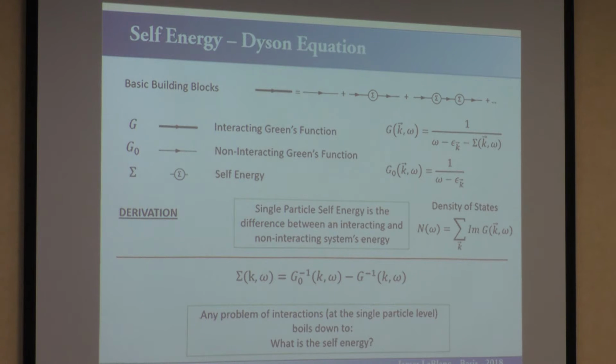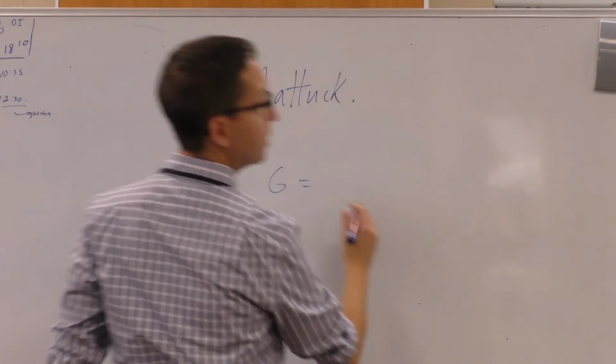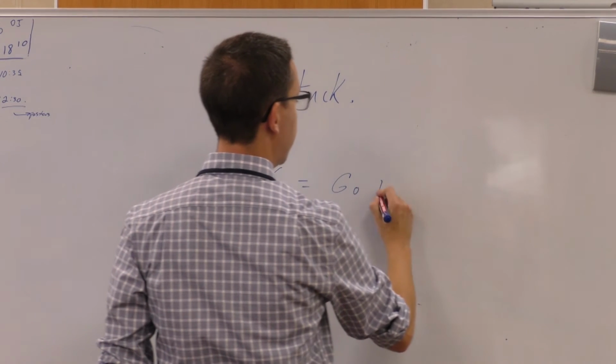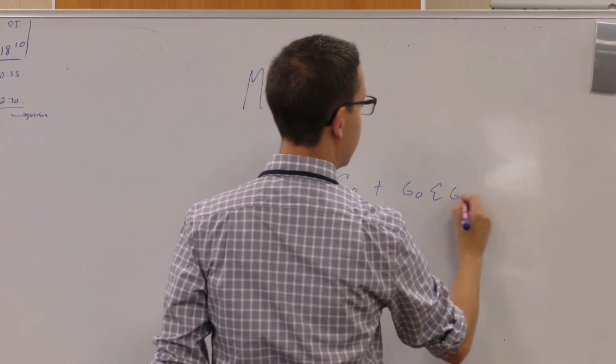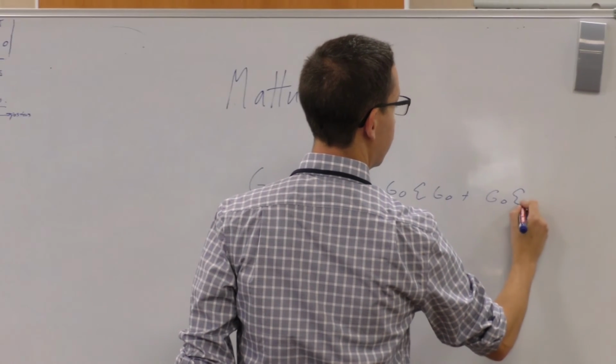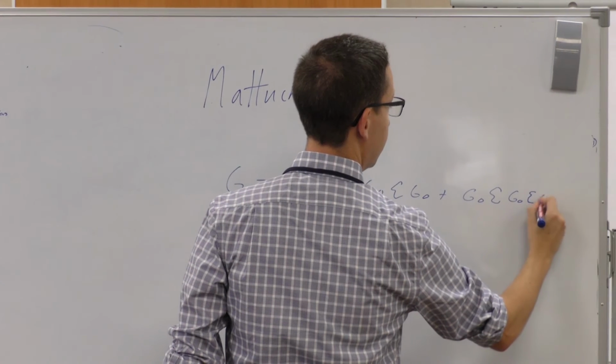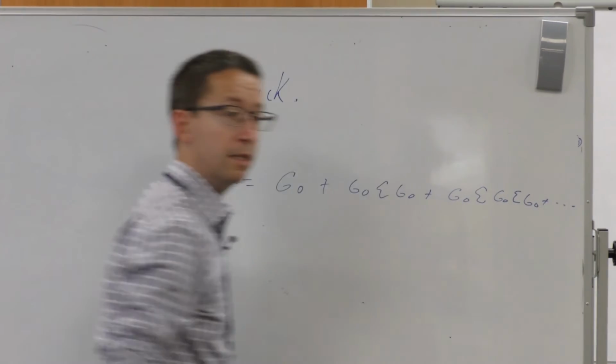Okay. So G0 is a given. And then you define the basic building block equation at the top, which looks like G equals G0 plus G0 sigma G0 plus G0 sigma G0 sigma G0 plus dot, dot, dot.